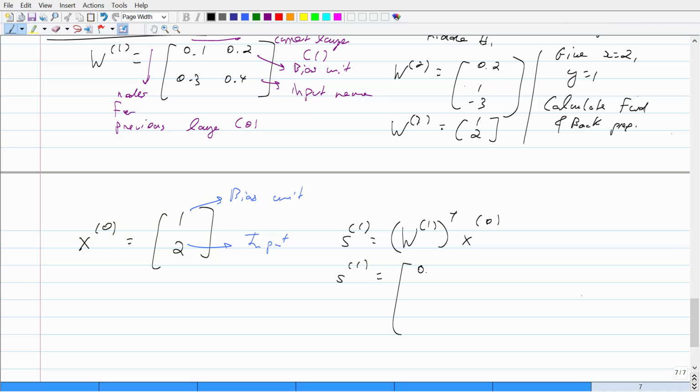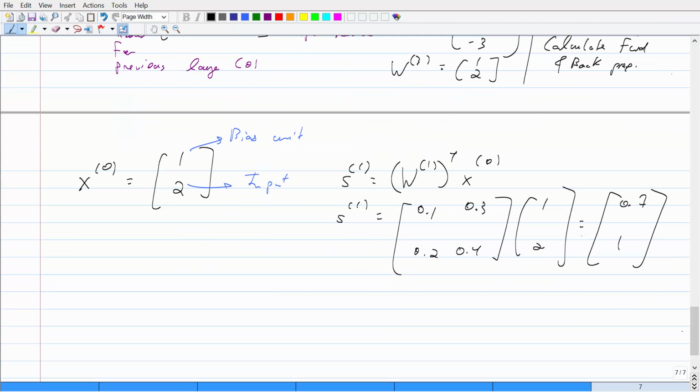In this case, you have 0.1, 0.2. Okay, so you just flip the rows and the columns, and then you have 1 and 2. Okay, so when you actually calculate this, it's quite simple. You have 0.1 times 1 and 0.3 times 2 is 0.7. Okay, and 0.2, and then 0.4 times 2 is 0.8, so that's 1. Okay, fantastic.